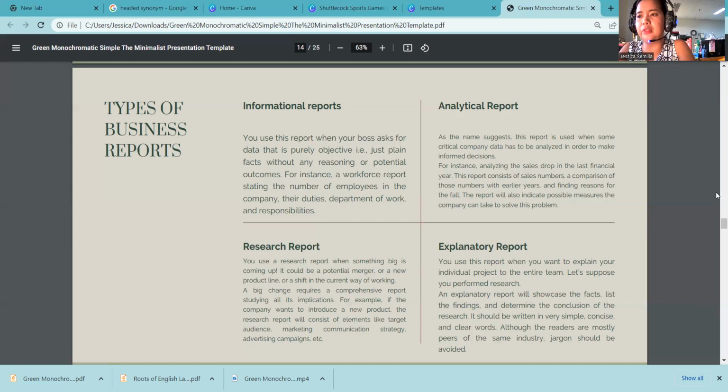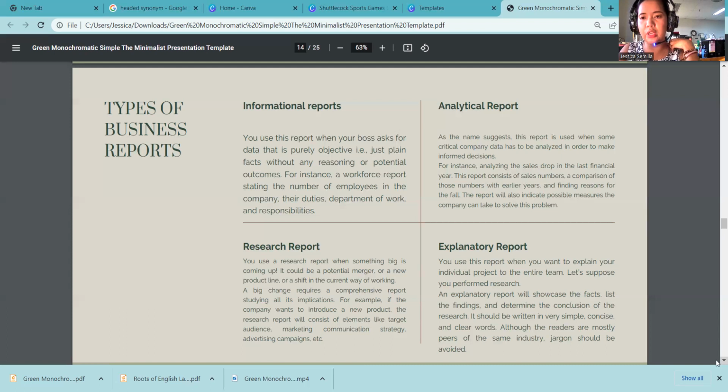The next one is the research report, and I know you're very familiar with this one, wherein you have done this already way back when you were in senior high school. A research report is basically a product, a result of a survey or a result of a certain study.